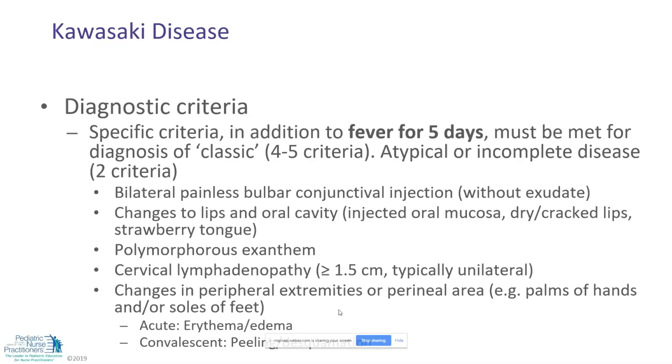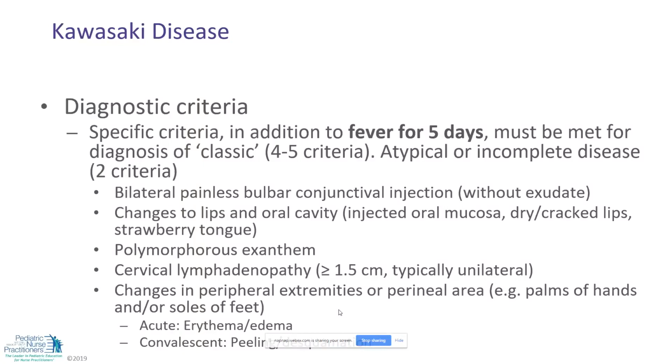You could also see changes in their peripheral extremities or the perineal area, sometimes in the palms of the hand or the soles of the feet. These patients will have initially erythema and edema, and then that often transitions into a peeling or desquamation during the convalescent phase. And so when we talk about the phases, this is a triphasic disease.